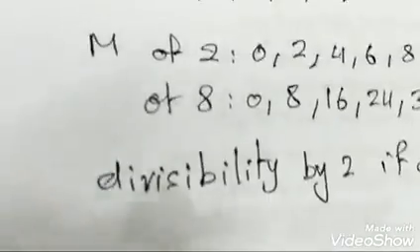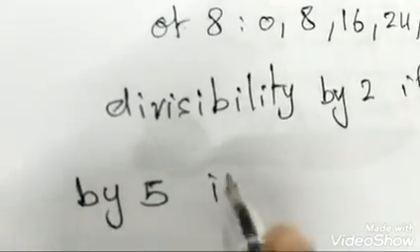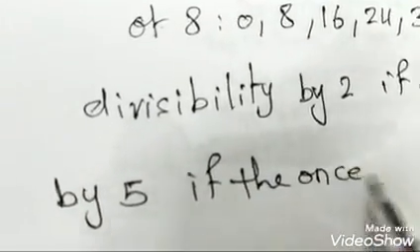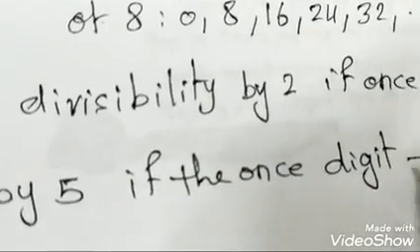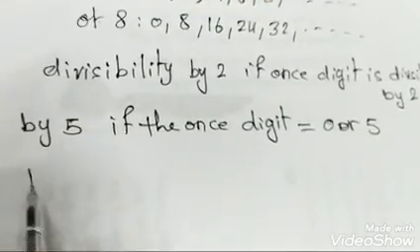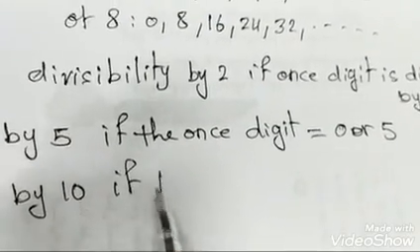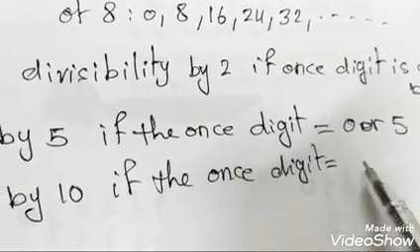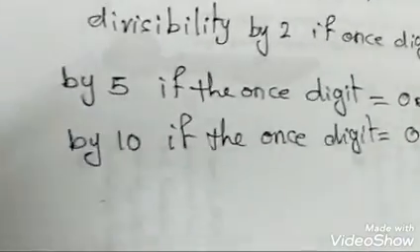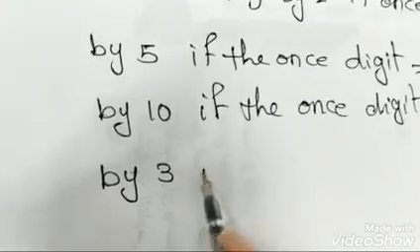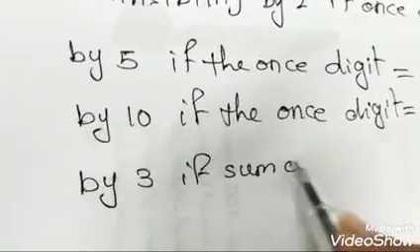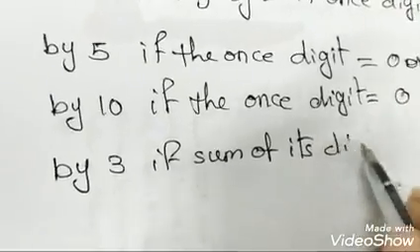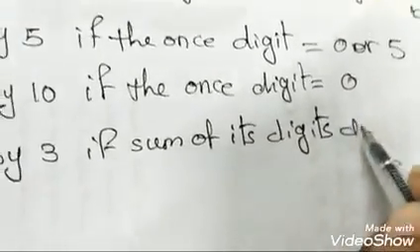Divisibility by 5, if the ones digit equals 0 or 5. Divisibility by 10, if the ones digit equals 0. Divisibility by 3, if the sum of its digits is divisible by 3.